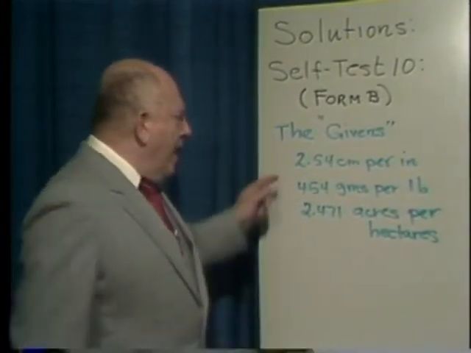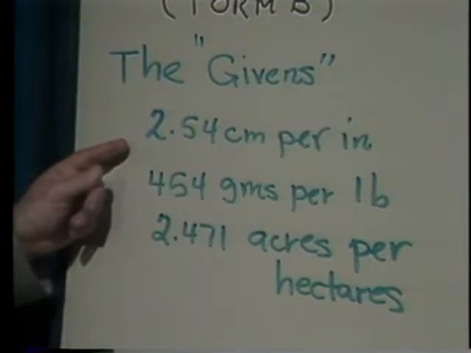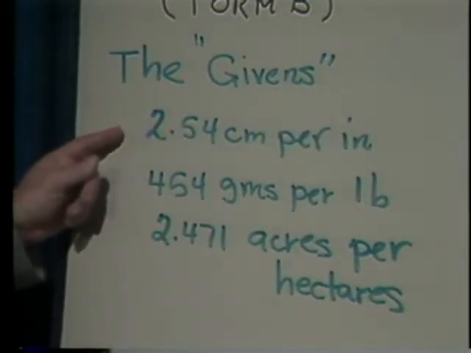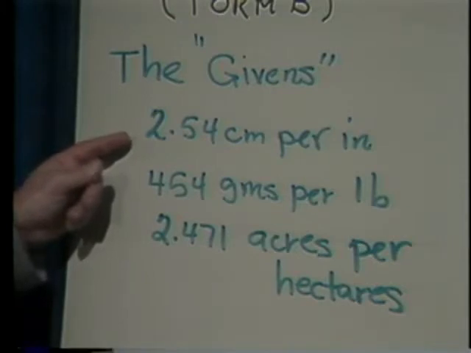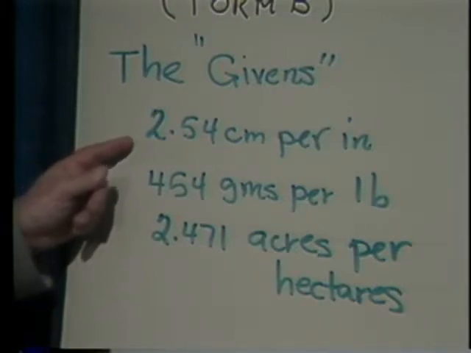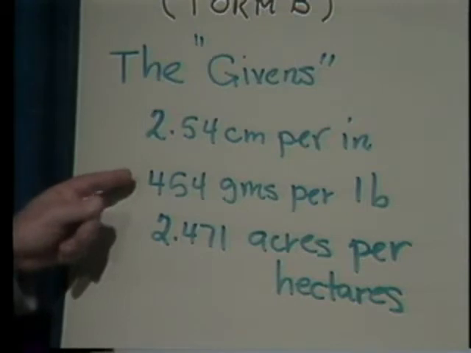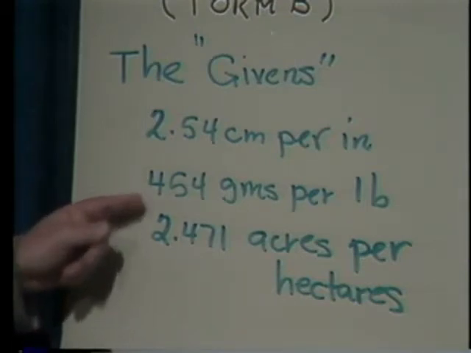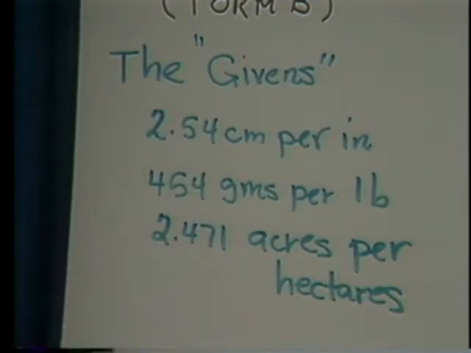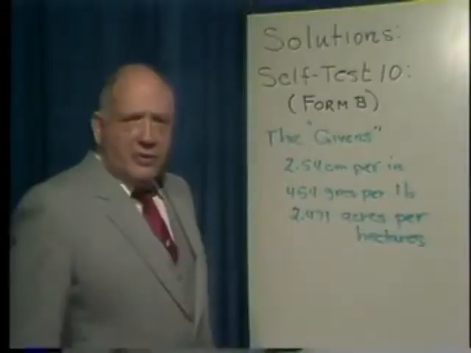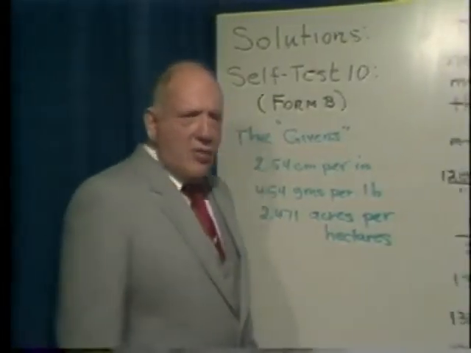But I will point out other ones as they're needed, but primarily the crossovers that we have between English and metric. As far as I'm concerned, you have access to this at any time. There are 2.54 centimeters per inch. There are 454 grams per pound and 2.471 acres per hectare. And with this in mind, let's just go over and start doing the problems.